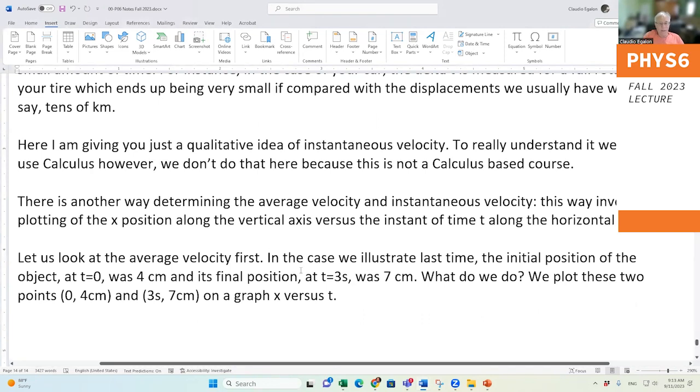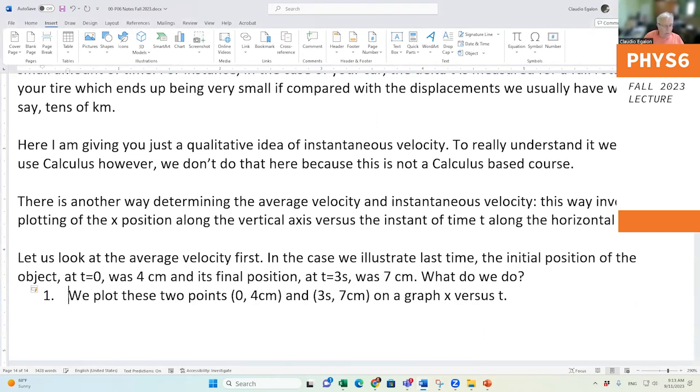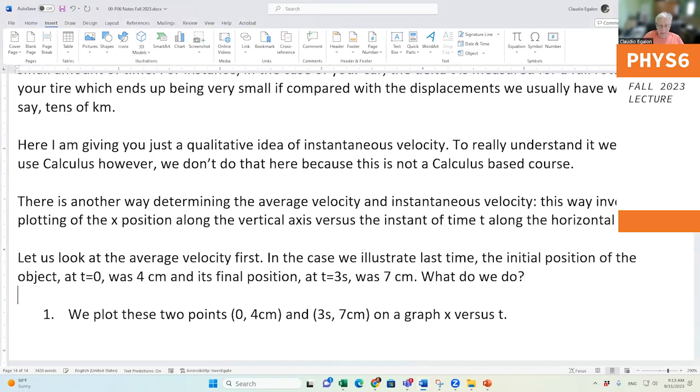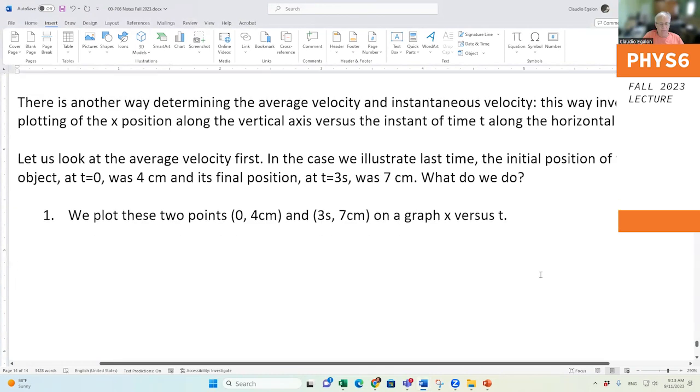So let's look at the average in the case we illustrated last time. 1, we plot these 2 points on a graph x versus t.